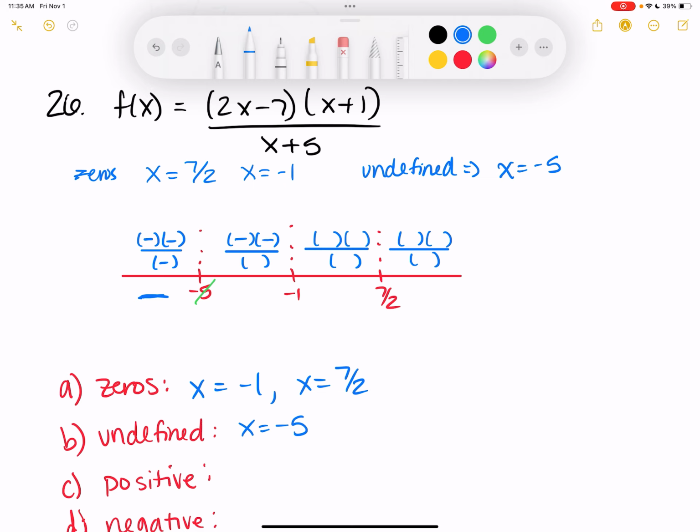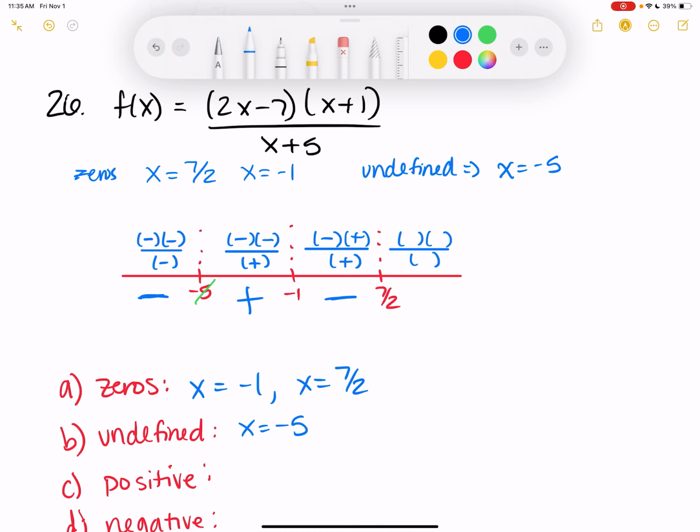Negative and positive, so this whole thing is positive. What about in here? What do I get? So this whole thing is negative. What about over here? 4.